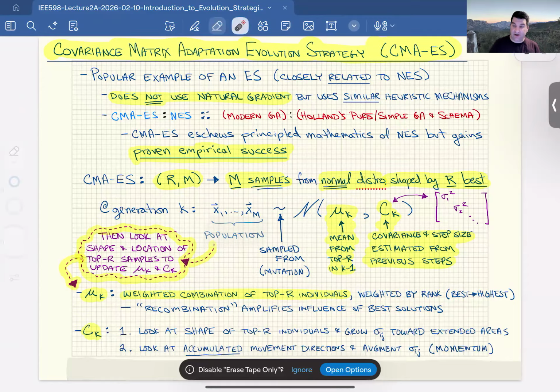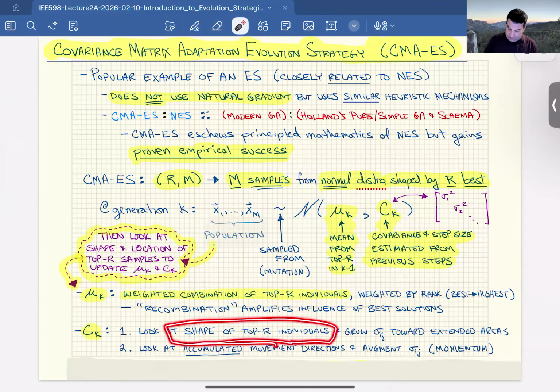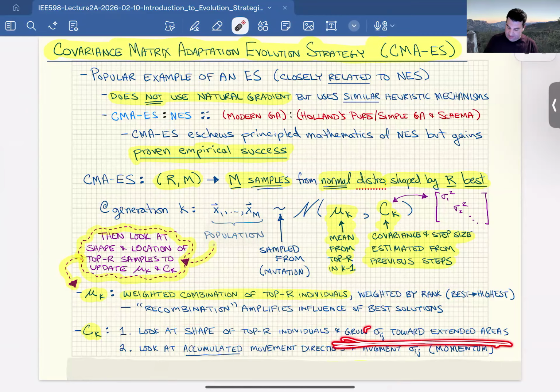And then for the covariance matrix, we are going to look at the shape of those top R individuals, and we are going to grow members of this covariance matrix toward the extended areas. The areas where those points are more spread out are going to pull step sizes to be larger, and the areas of those top R that are more compressed are going to tend to compress those step sizes.